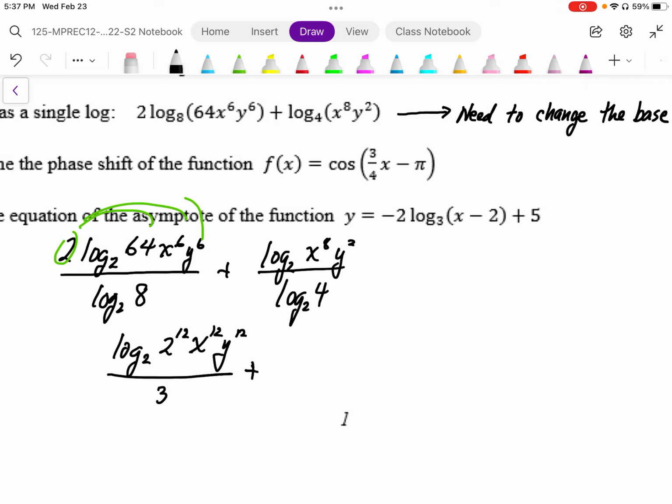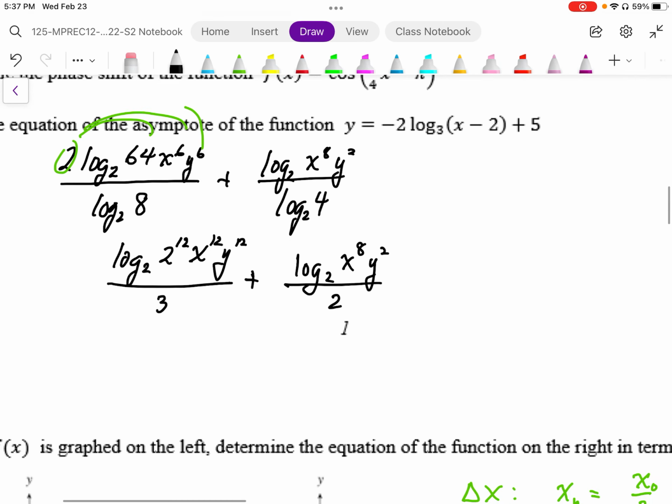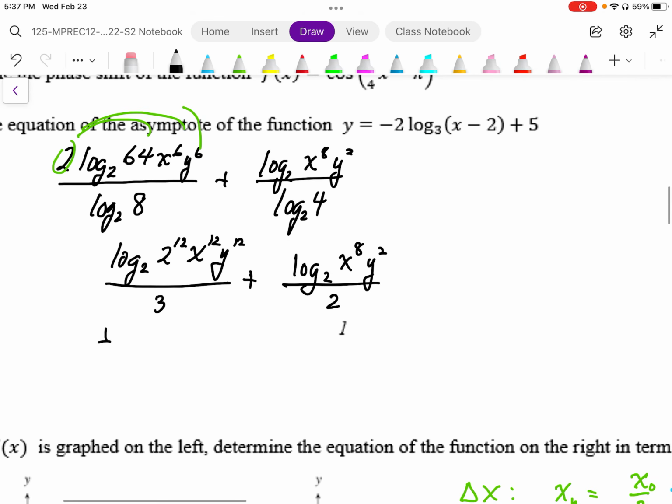Plus, this is going to be log base 2 of x to the 8, y squared, all over 2. Now that is a cube root. That's divide by 3 in a log, so that means it's a cube root. That's divide by 2, so it's a square root. So then I can apply that, and maybe I'll just show it like this.